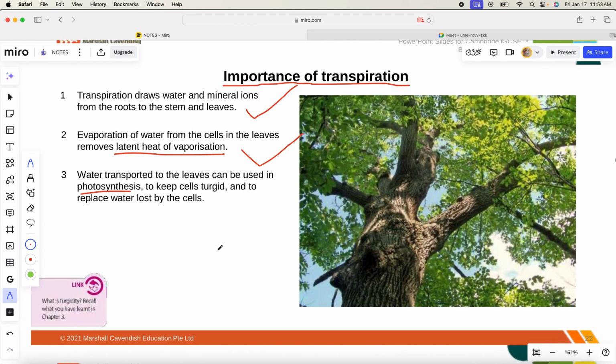Not only for photosynthesis, you can even make a fourth point. You also say it helps to keep the cells of the plant turgid. Turgidity is very important. We studied that in chapter 3 or chapter 4. And then also it helps to replace the water loss by the cells. Transpiration helps to replace water loss.